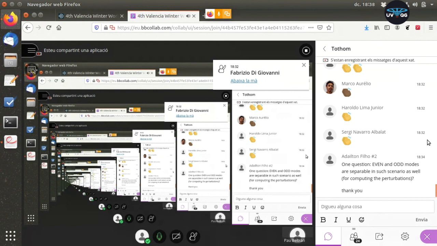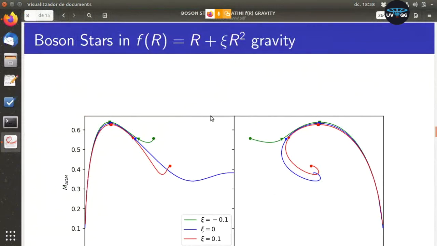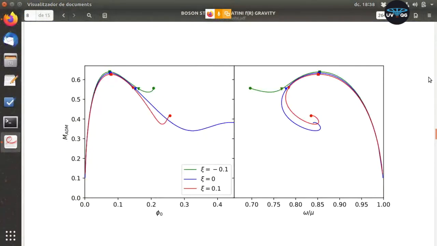We have another question from Fabrizio. Yes, can you hear me? Yes. Thank you very much for your nice talk. I just have one comment. When you were showing the existence plot, I think you said that in GR you can choose the central value of phi as large as you want. I'm not really sure about this.